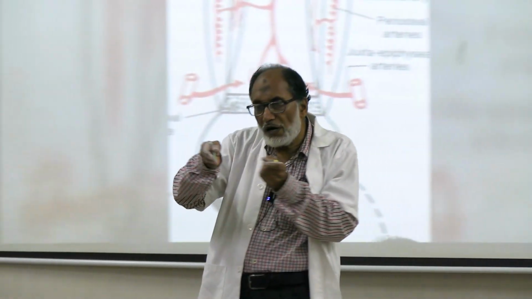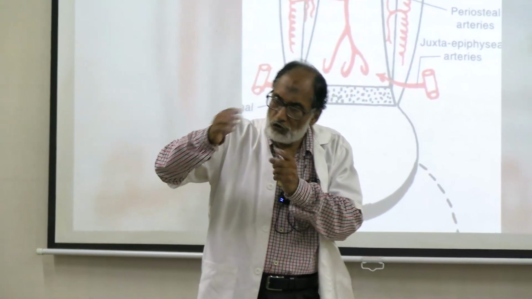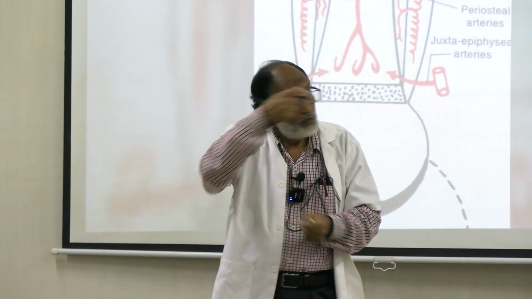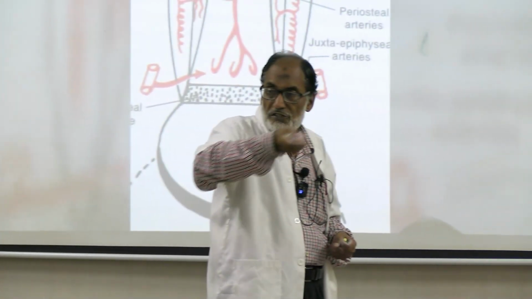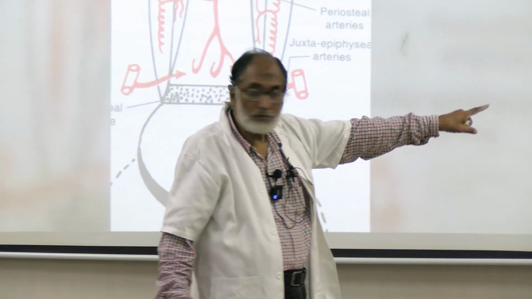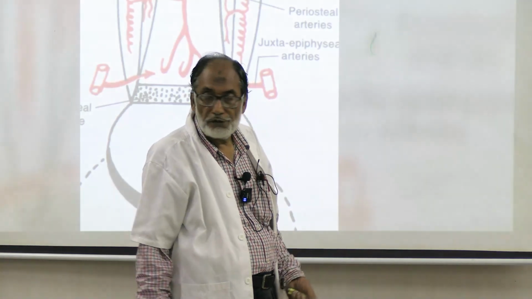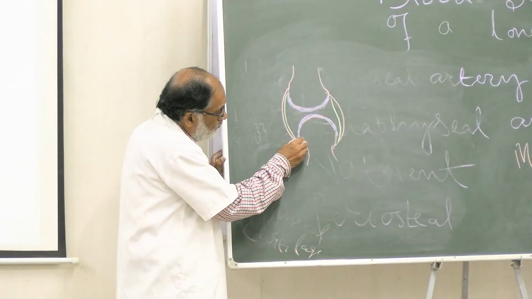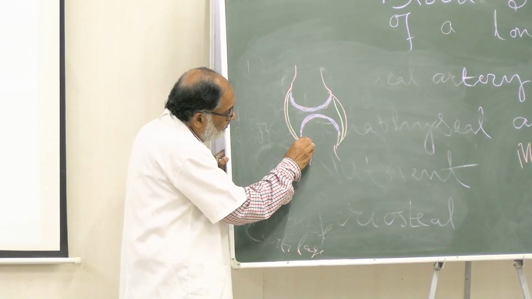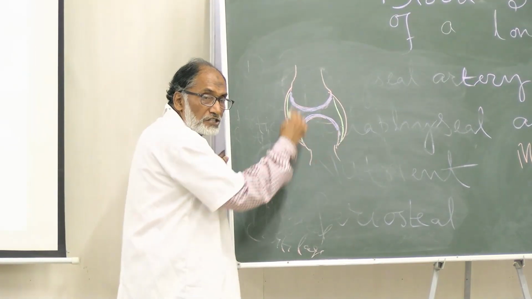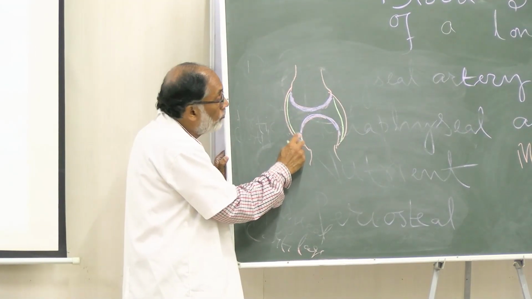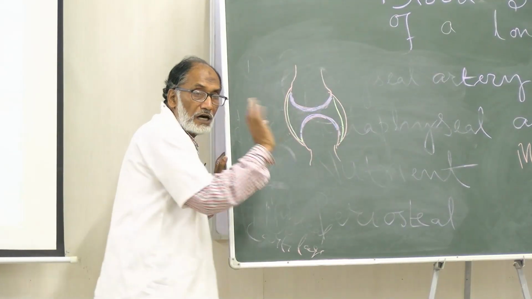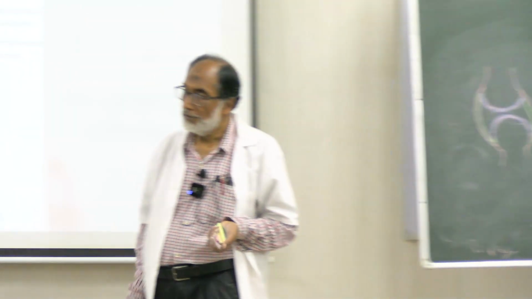So the peripheral part also gets its additional supply from the capillary plexus of the synovial membrane, right? Synovial membrane stops here, from where articular cartilage starts. It will not cover the articular cartilage, right?